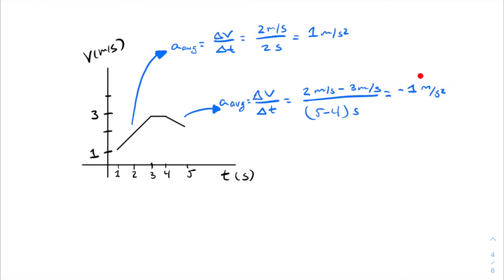This gives us an average acceleration equal to negative 1 meter per second squared. What this negative only means is that this object is decreasing its velocity, meaning its acceleration is negative. And with this we can find any average acceleration given a graph like this in which we have velocity and time.